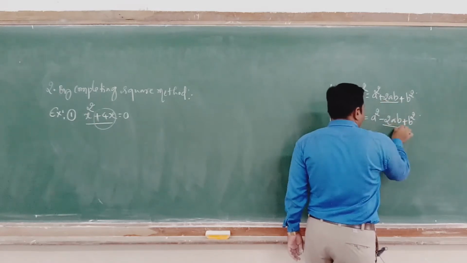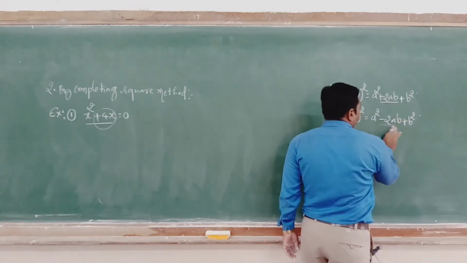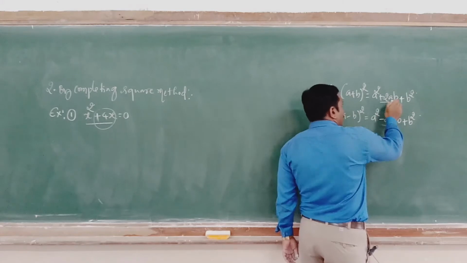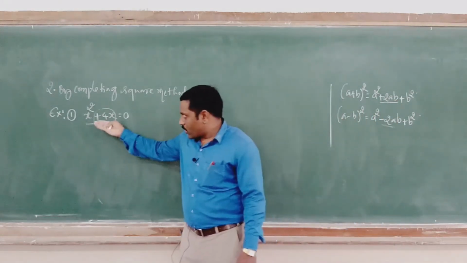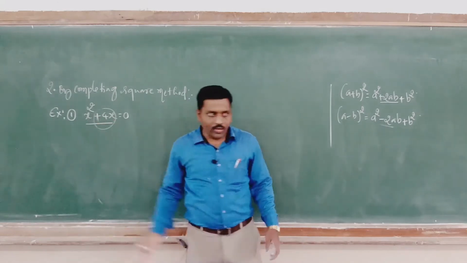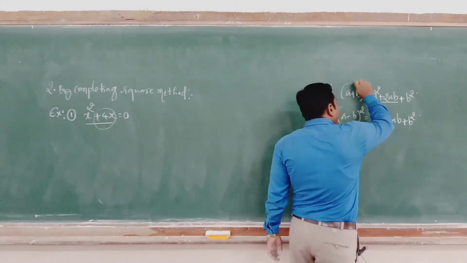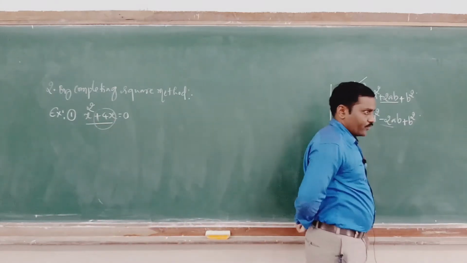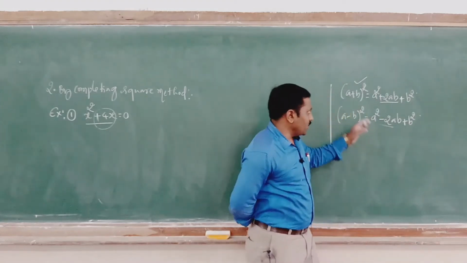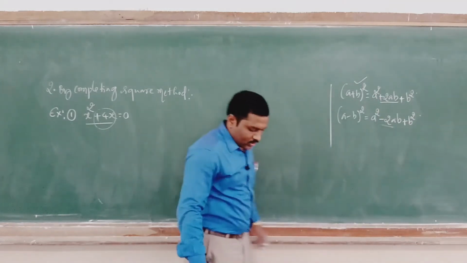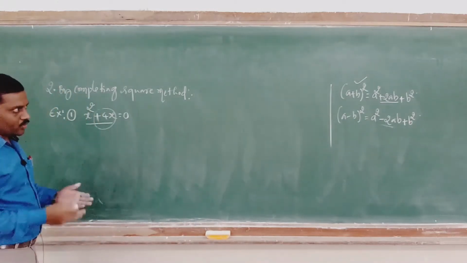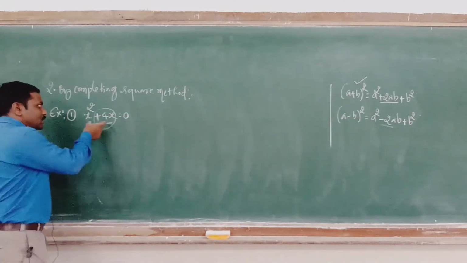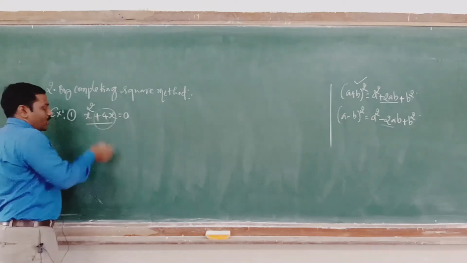That is plus 2ab. So this quadratic example we can convert using this formula, so this one can be rearranged. So how can we rewrite this quadratic equation?